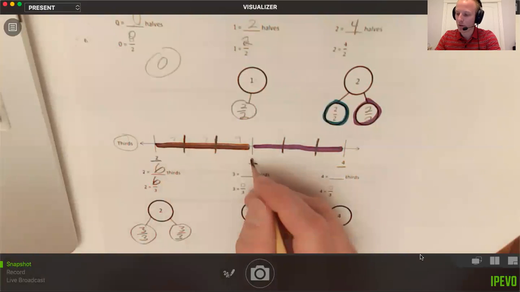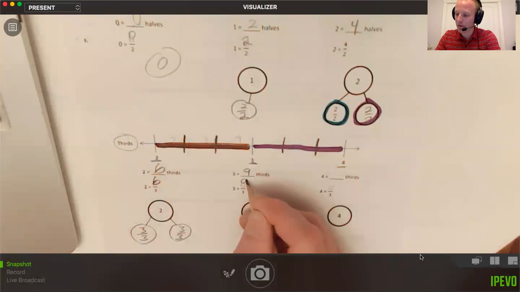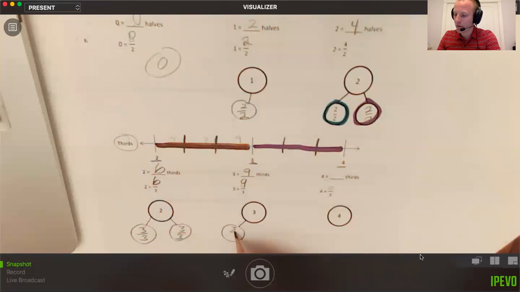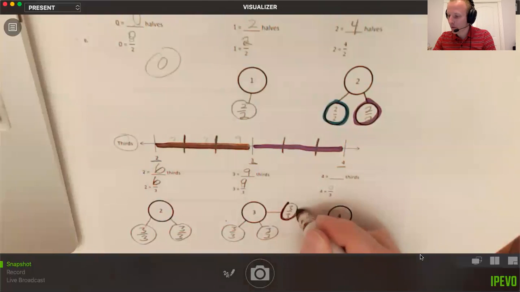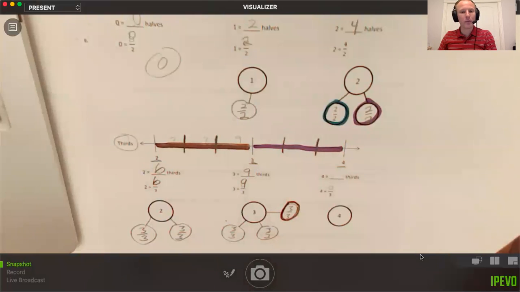When I get up to 3 wholes, I've had 9/3. So the way I show that is 3/3, that's my first whole. Another 3/3, that's my second whole. And a third whole, which I can even color code that one. That's the only one that shows up on our number line, but that's where that last one came from.